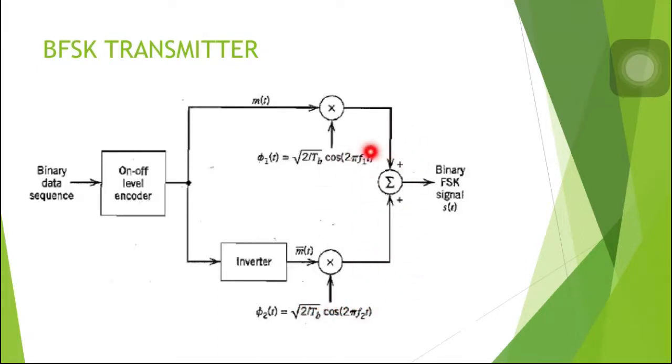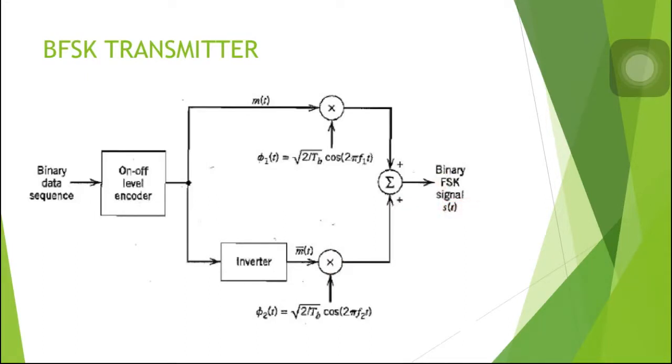So these are the two frequencies. When we give 1 as the input, we get 0 on one branch and 1 on the other, so they get added. Similarly, when we give 0 it will get 0 on one branch and 1 on the other, and it gets added into the binary FSK signal, so it will just get transmitted.